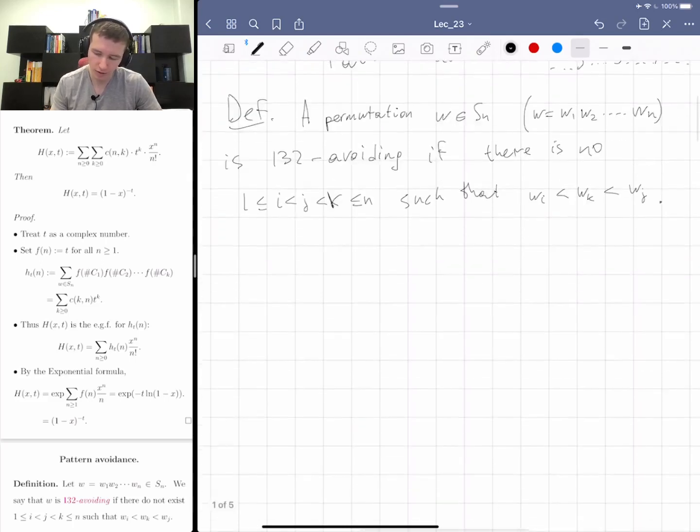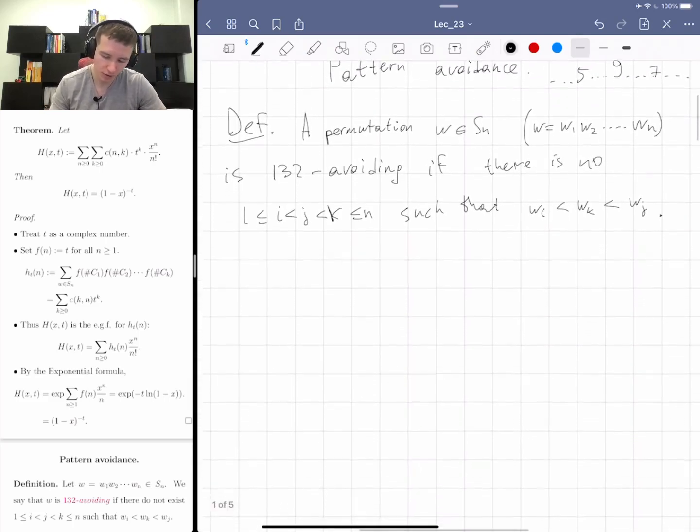So yeah, that's the condition. Let me try to give you an example: 4, 2, 6, 1, 3, 5. Is it 1, 3, 2 avoiding or not?